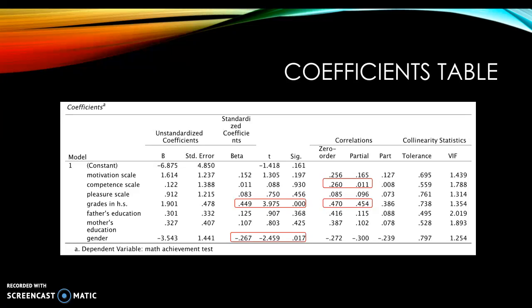Moreover, as the tolerances in the coefficients table suggest, and as we will see in problem 6.2, the standardized beta results are somewhat misleading. Although the two parent education measures were significantly correlated with math achievement, they did not contribute to the multiple regression predicting math achievement.